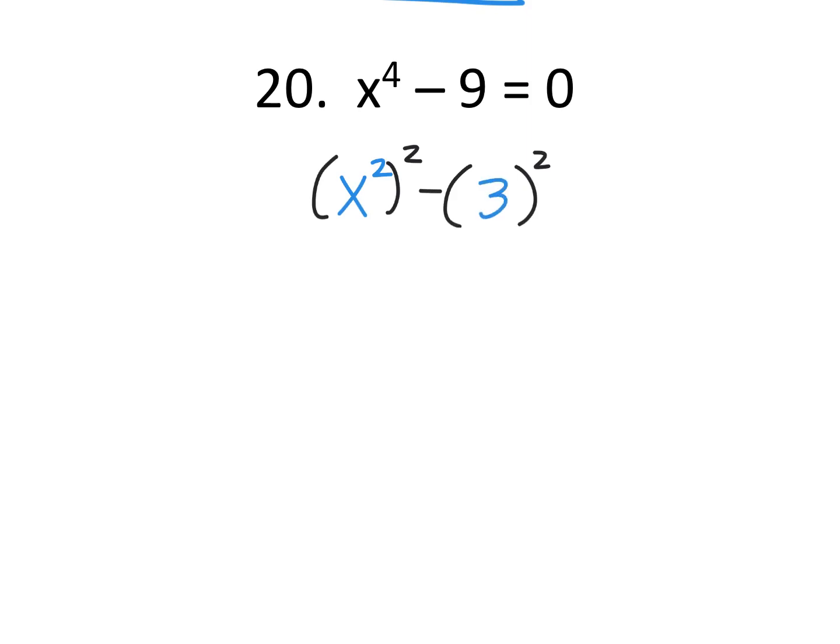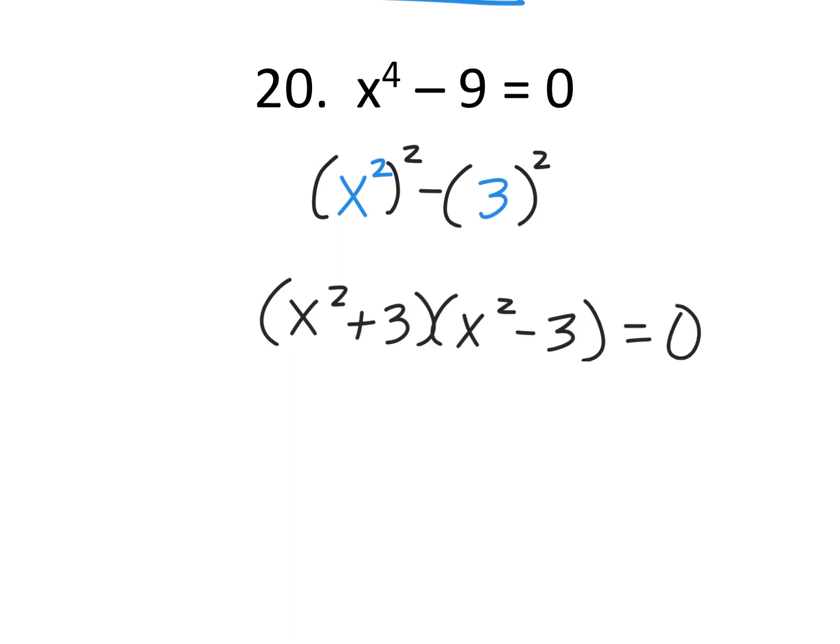So we're doing pretty well. Your example of difference of squares is over here, but it's a plus b, a minus b. So I should have x squared plus 3, x squared minus 3. I don't care which one you put first, but please do make sure it's still equal to 0. Because that's the whole point of today.